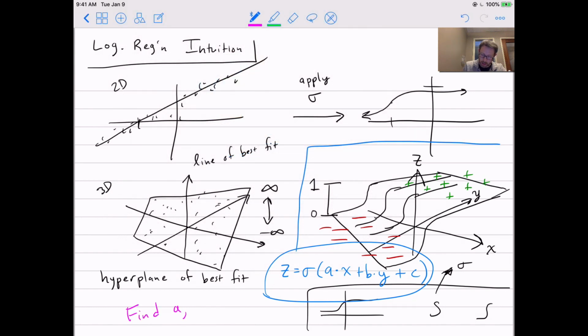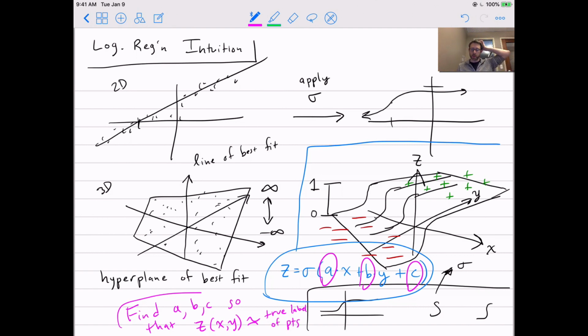Find A, B, and C, so that Z of XY is kind of close to the true label of each point of the known training points.